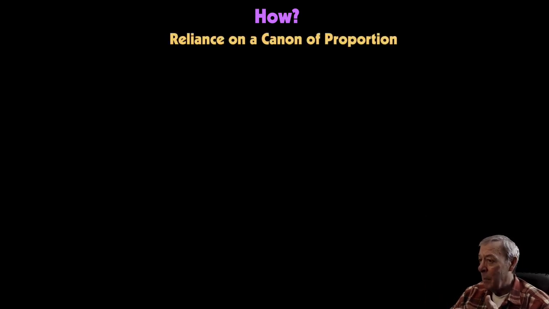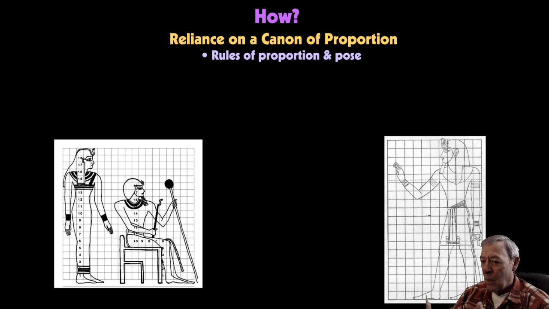So how did they promote that? Well, basically, the Egyptian artists, especially when it came to figure art, relied upon a canon of proportion, rules of proportion, and rules of pose. So here you see some modern day diagrams to try to illustrate this point. Whether you're standing still, seated on a throne, or striding forward, you place the figure on a grid system, and everything is based on the grid.